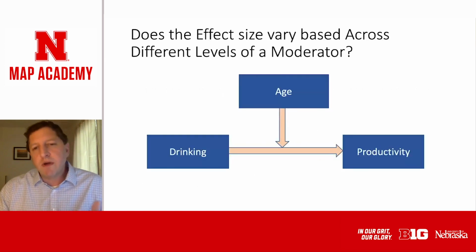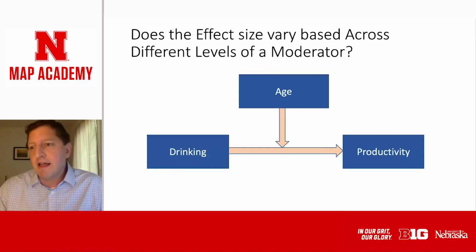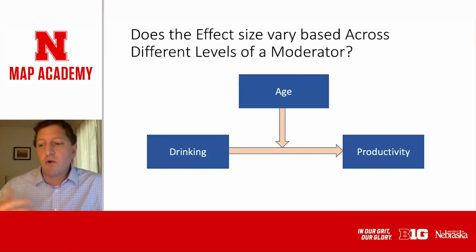So, what does that moderator look like? Well, we might want to say we're looking at the effect of drinking on productivity, right? For many people, if they're drinking a lot, then maybe their productivity goes down. Or maybe, as they get older, they build their tolerance up, and then they can handle a few drinks and still be really productive.